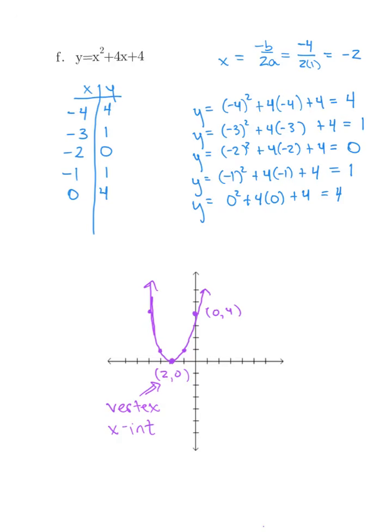All right, let's look at one last example in terms of using tables. Now, one thing I do need to note before we do that is that in the next presentation, I'm going to show you how to graph these things without using tables, meaning the procedure for finding x-intercepts, the procedure for finding y-intercepts, the procedure for finding the vertex.